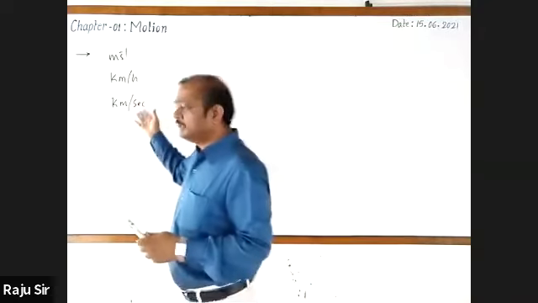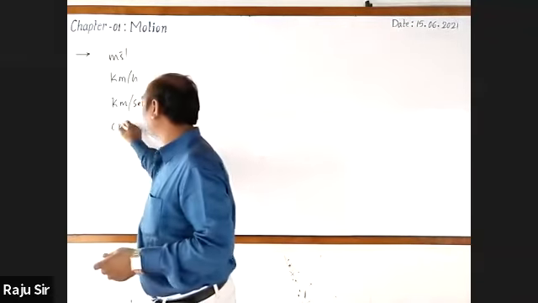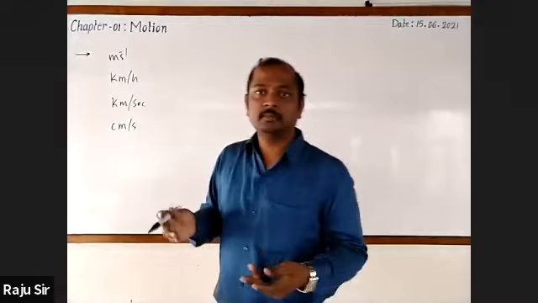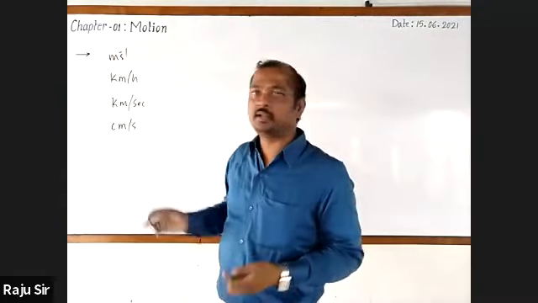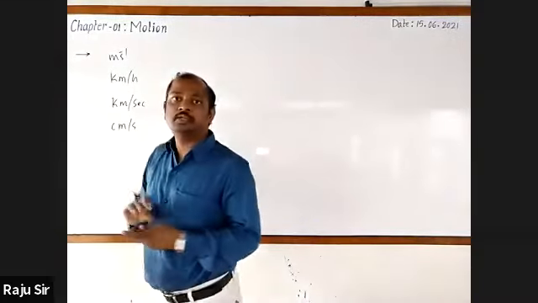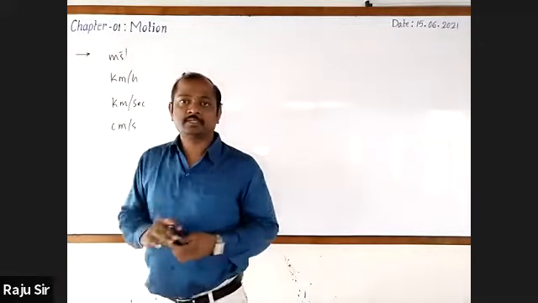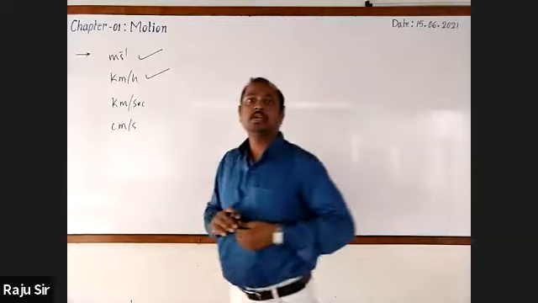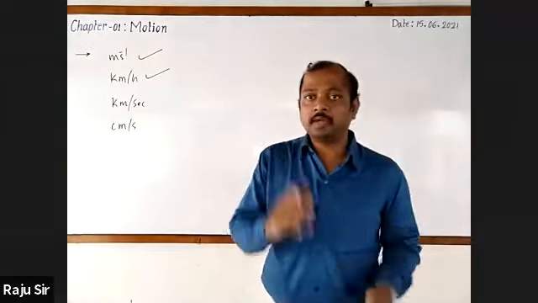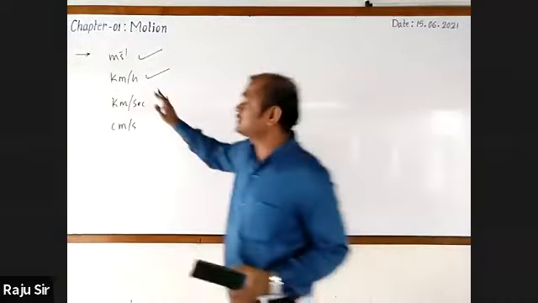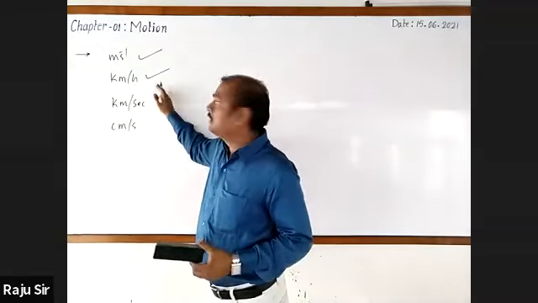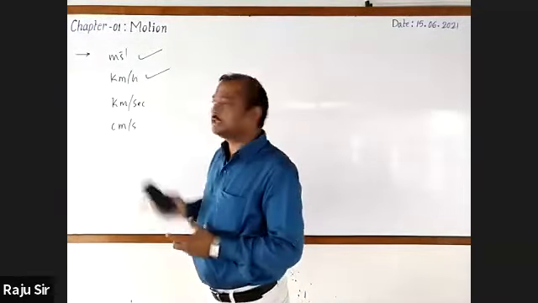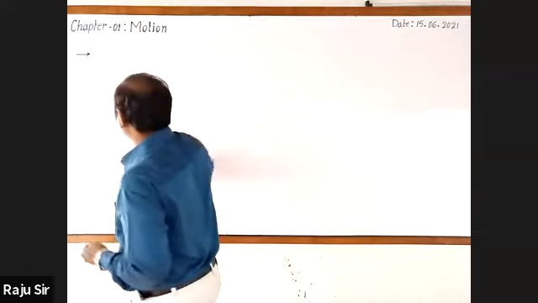We also use centimeter per second, meter per second, and many others. Most commonly used units are meter per second and kilometer per hour. Now let us come to know the relationship between meter per second and kilometer per hour.